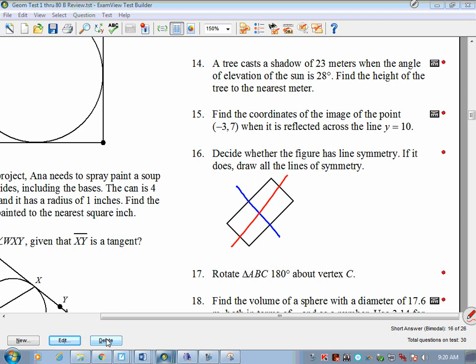Are there any other lines of symmetry we can draw? What about this? Is that a line of symmetry? No. Why not? Because in a rectangle, you can't fold a diagonal and get it to map onto itself. So we only want the blue and the red line. Okay, so 2 lines of symmetry.